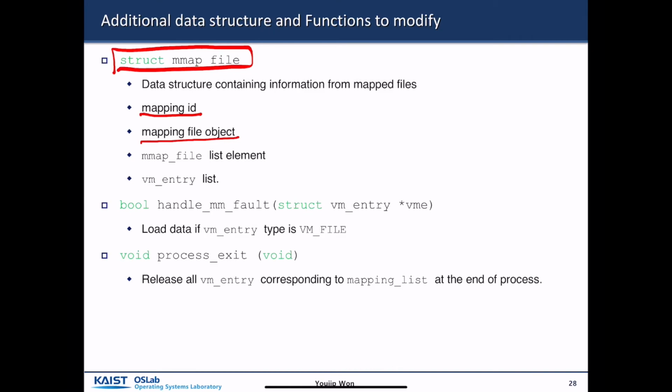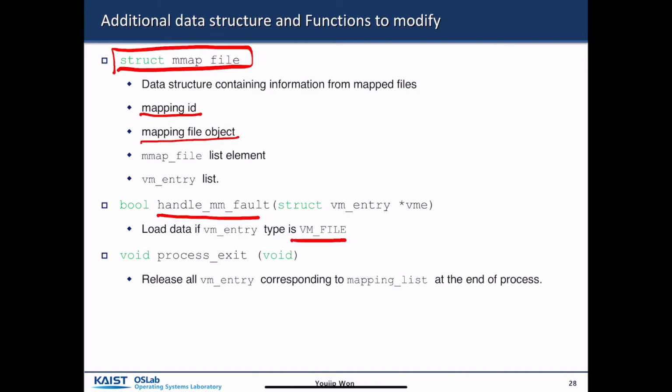And then we have to modify handle_mm_fault. When a page fault occurs, it checks the virtual memory entry type, and it loads the data if the VM entry type is file. And you also have to modify process exit.